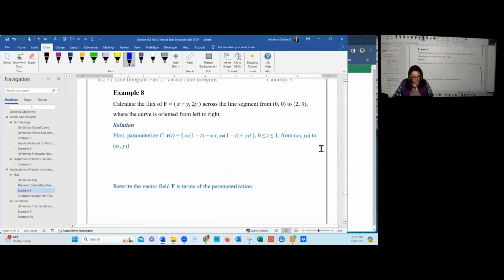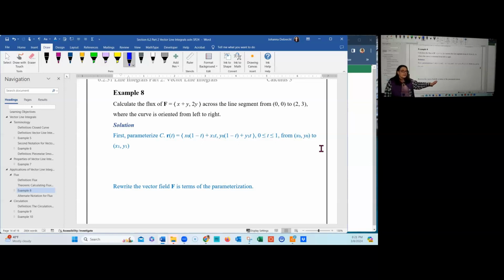Let's take a look now at example 8, where we want to calculate the flux of a vector field x plus y comma 2y across a line segment going from 0, 0 to 2, 3, where the curve is oriented from left to right, so from the origin to the point 2, 3. We're going to follow our steps by first parameterizing our curve.